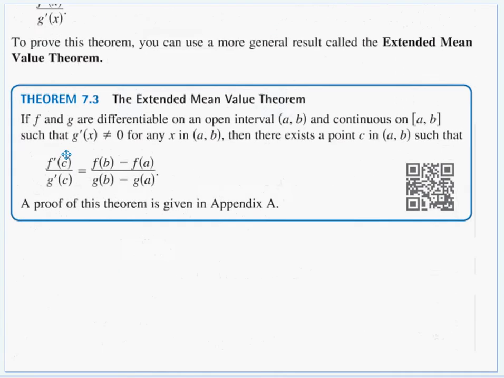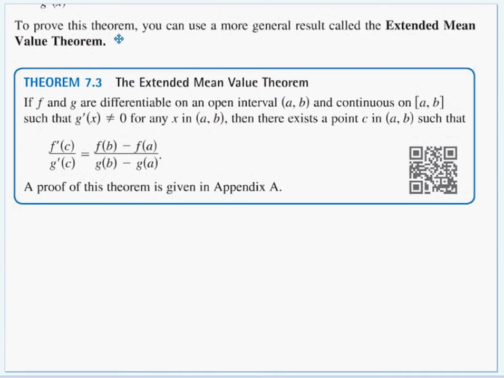Now, to prove this theorem, which we're not, we could use a more general result called the extended mean value theorem. This theorem just says we have two functions, f and g. F is the numerator function, g is the denominator function.